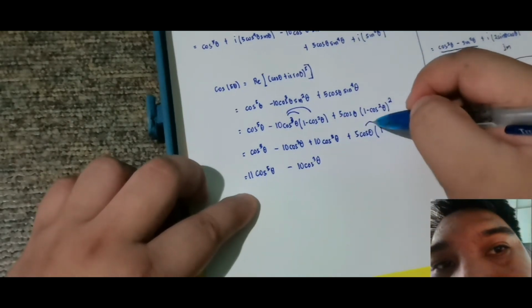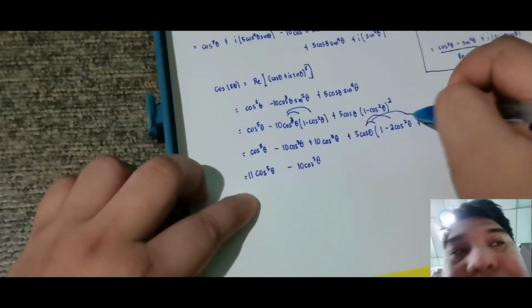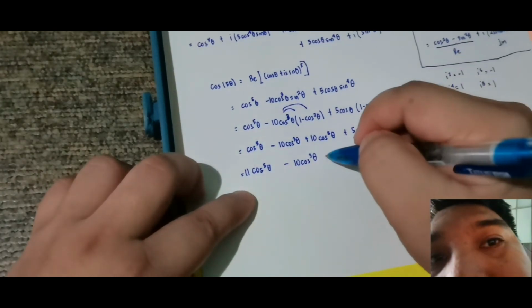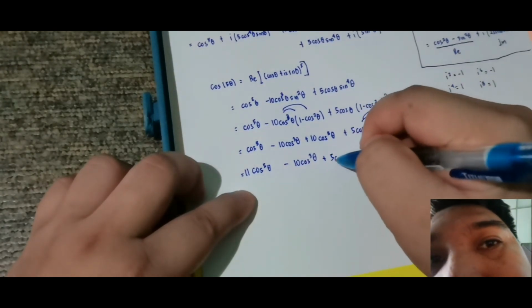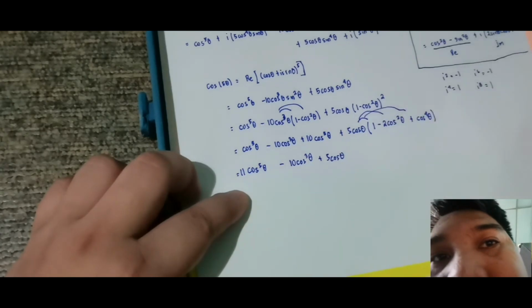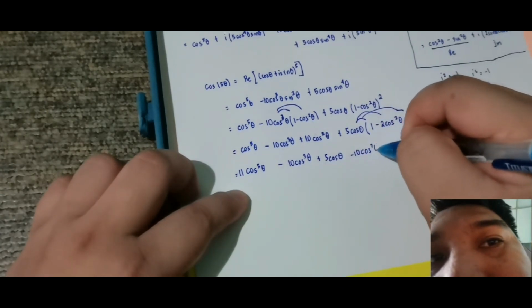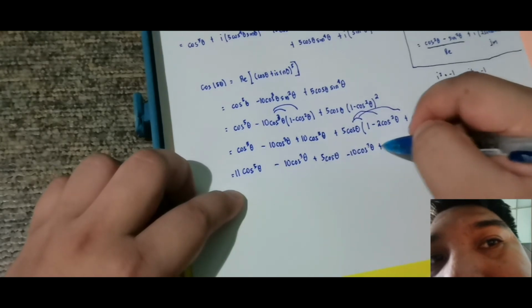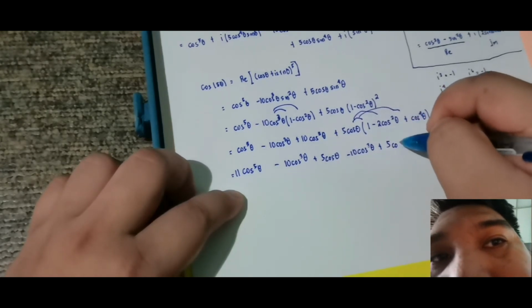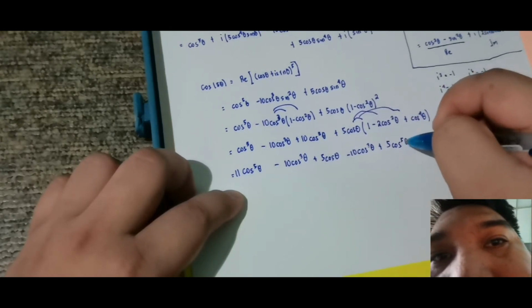Then to simplify natin, multiply, then multiply ulit. So that is plus 5 cosine theta, minus 10 cosine cube theta plus 5 cosine raised to 5 theta.